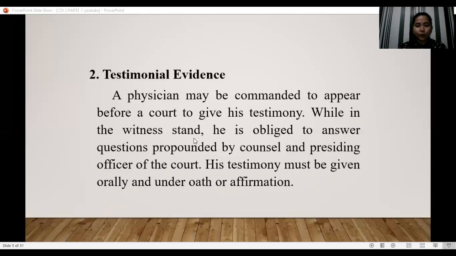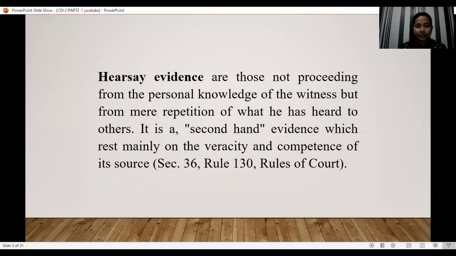So what is hearsay evidence? Hearsay evidence is that which does not proceed from the personal knowledge of the witness, but from mere repetition of what he has heard from others. It is also called second-hand evidence, which rests mainly on the veracity and competence of its source, defined under Section 36, Rule 130 of the Rules of Court.